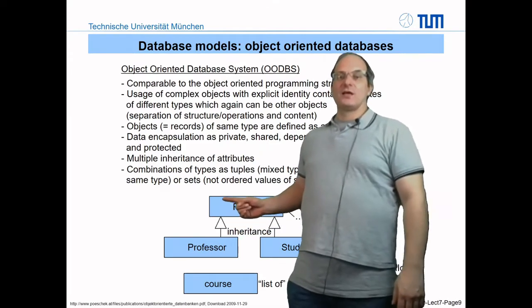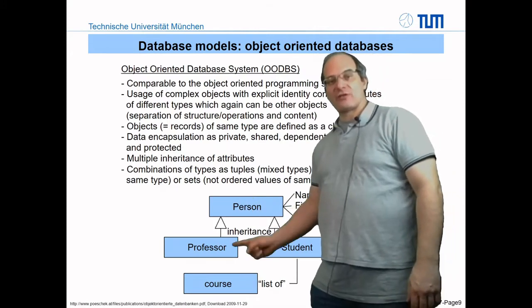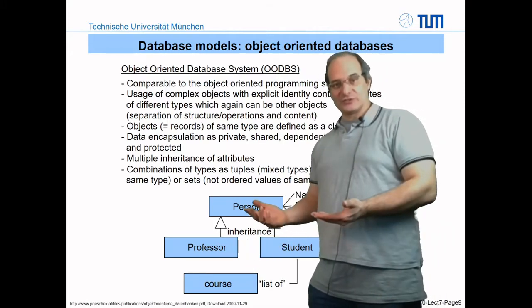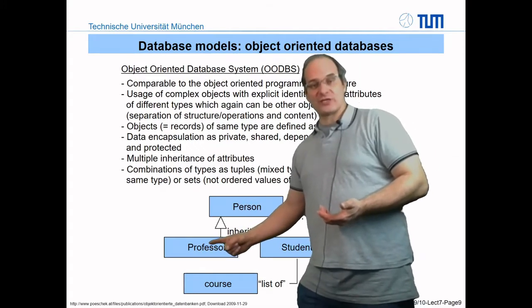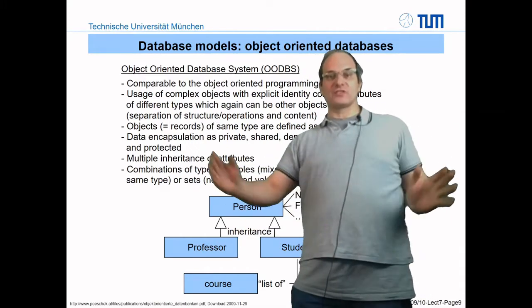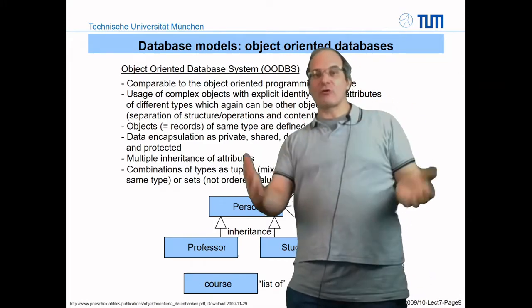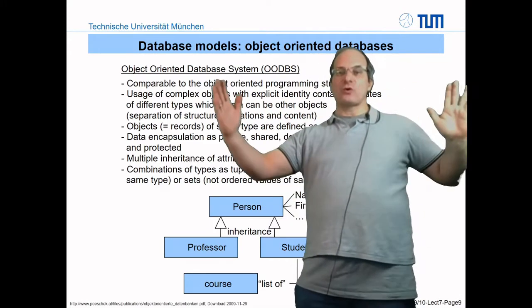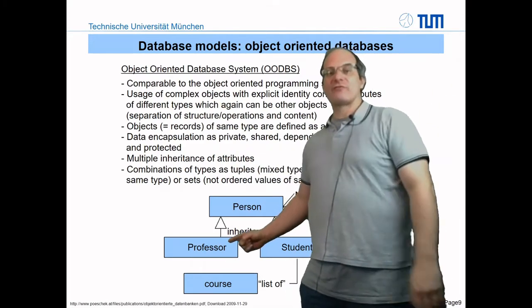This is the generalization, and you have specializations which inherit these things. They add additional information, so the table grows. It's like with a class in a programming language. So there's always growing information, the attributes grow, and therefore you have the same here.